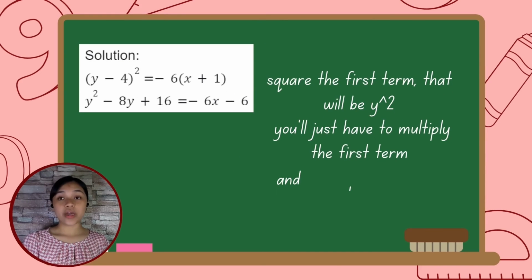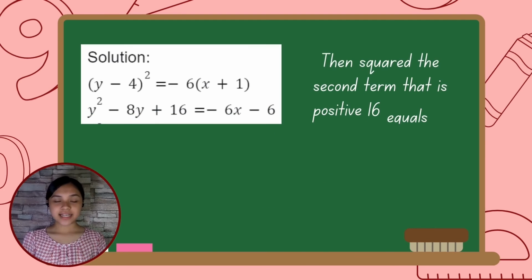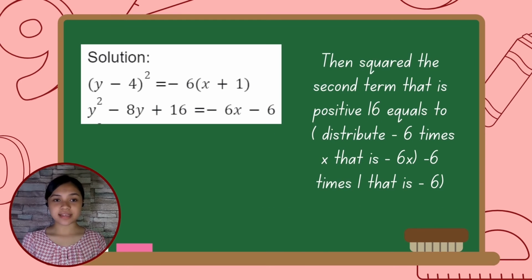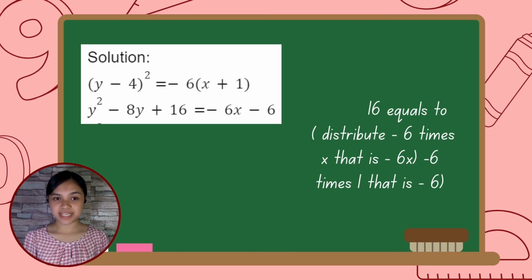So square the first term, that will be y squared. Then multiply the first term and second term times 2. Negative 4y times 2, that is negative 8y. Then square the second term, that is positive 16, equals distribute the negative 6 times x, that is negative 6x. Negative 6 times 1, that is negative 6.